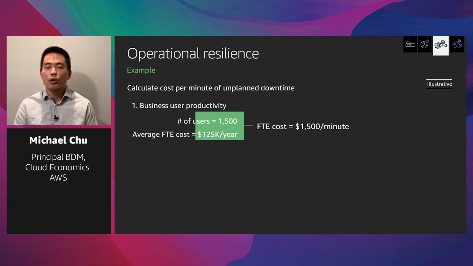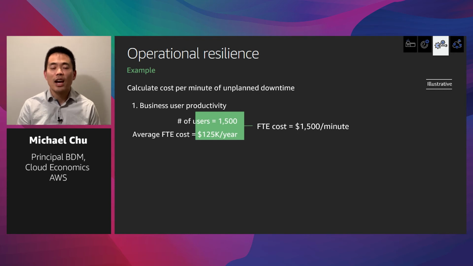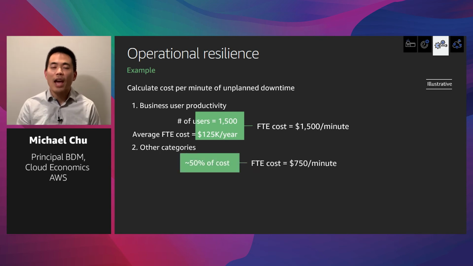Now, they knew that there were cost impacts to the other cost components from that prior study, things like after the fact disruption, detection costs, equipment costs. They weren't sure exactly how to quantify those, but based on the prior study's percent allocations, they assigned 50% of the business user productivity cost to the remaining 8 categories. So they added an additional $750 per minute that the workload was out. And so this is a total downtime cost of $2,250 per minute.